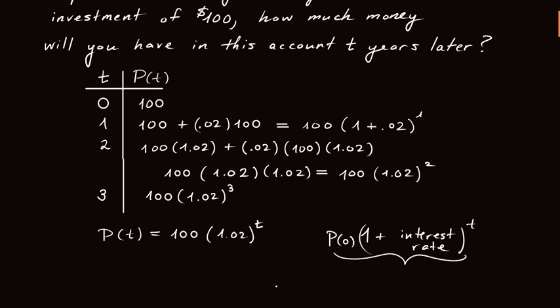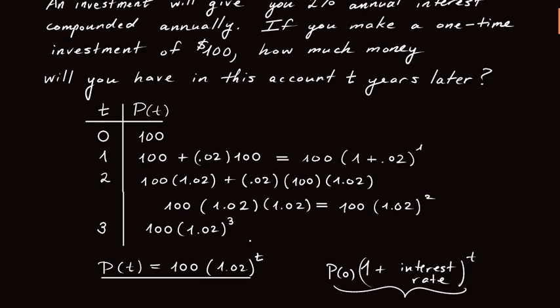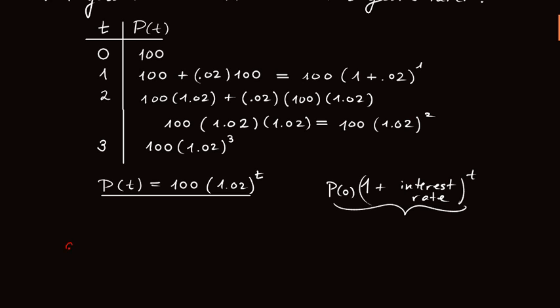Okay, so that gives us not only a table, but now we have a formula, and we could do a graph, etc. Instead, I want to talk about what happens when you change how often you compound. Here we're compounding annually. What if we replace annually with, say, monthly?